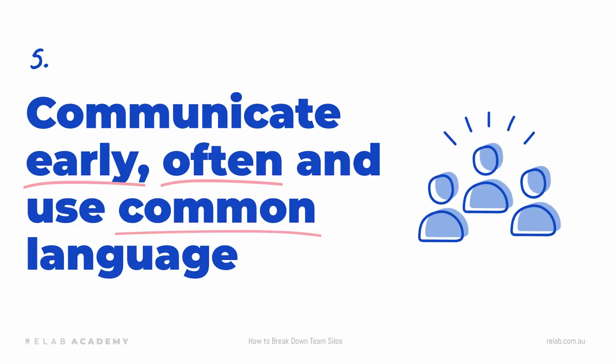Number five is to communicate early, often, and please use common language when you do this as well. It's very easy for us as practitioners or professionals to get into the jargon and the technical terms of things. But oftentimes when you work in a cross-functional team, designers can talk very differently to developers, or developers can talk in a very different way using different words, and chances are the salesperson might not understand what you're saying.